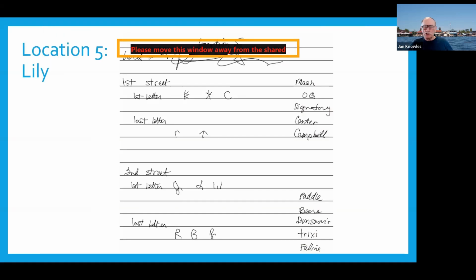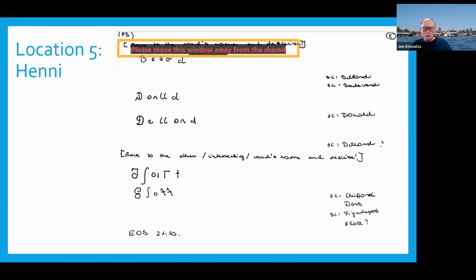And here's some sheets from some of the viewers. So Lily decided to have words and letters. On the right-hand column she has words, and in the center column she has symbols and letters, so she had 2 separate categories of data. This is Henni's session. She did a CRV type session, and this is page 5. Previous to this, she did drawings and so forth, and came up with these particular letters.